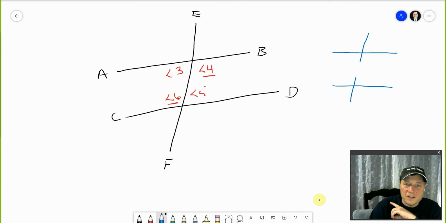This shape right here, I drew it smaller here, but really principle 1 could be demonstrated up here at the top, right? This angle and this angle are the same. This one and this one are the same.